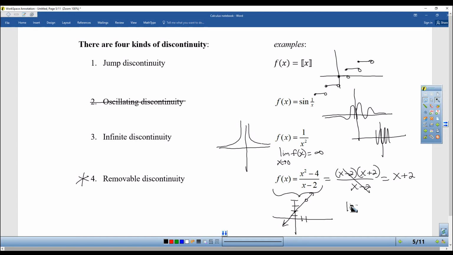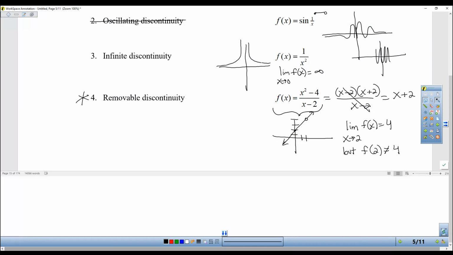So the limit as x approaches 2 from both the left and the right is 4. I can see that it reaches 4. But if I actually plugged a 2 into the equation, I don't get 4. f of 2 is not equal to 4. So how do we fix this? Super easy.